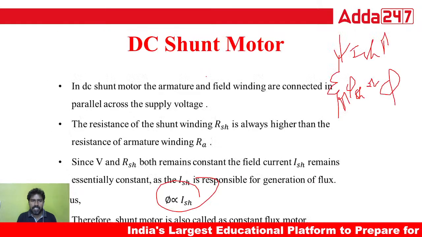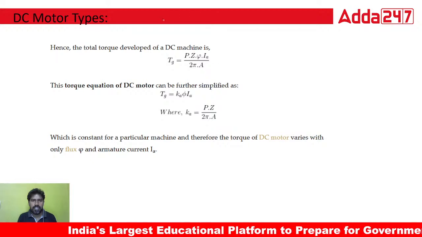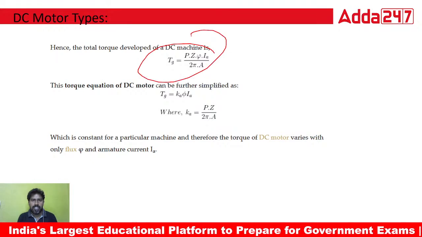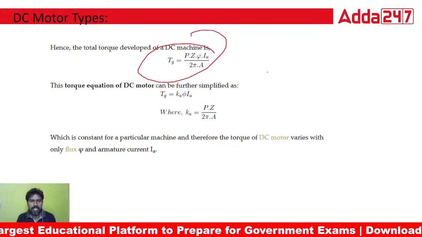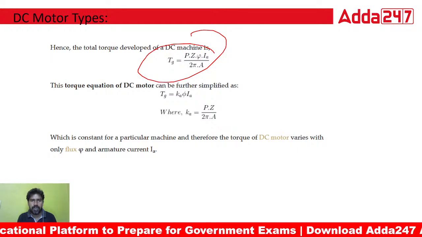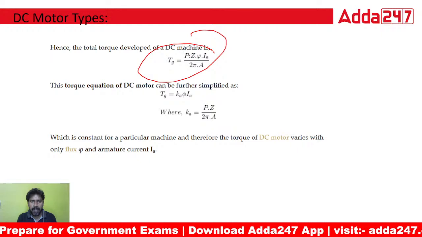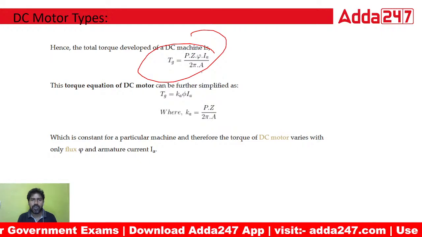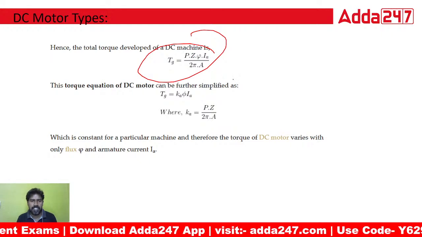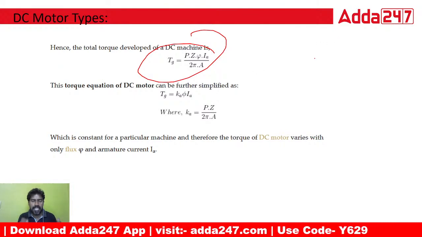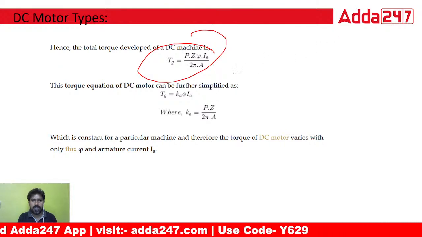Now the torque equation, you can see this is the torque equation. The torque produced by the motor is directly proportional to P phi Z IA divided by 2 pi A. There is a derivation, but I am taking the torque equation of the DC motor directly.